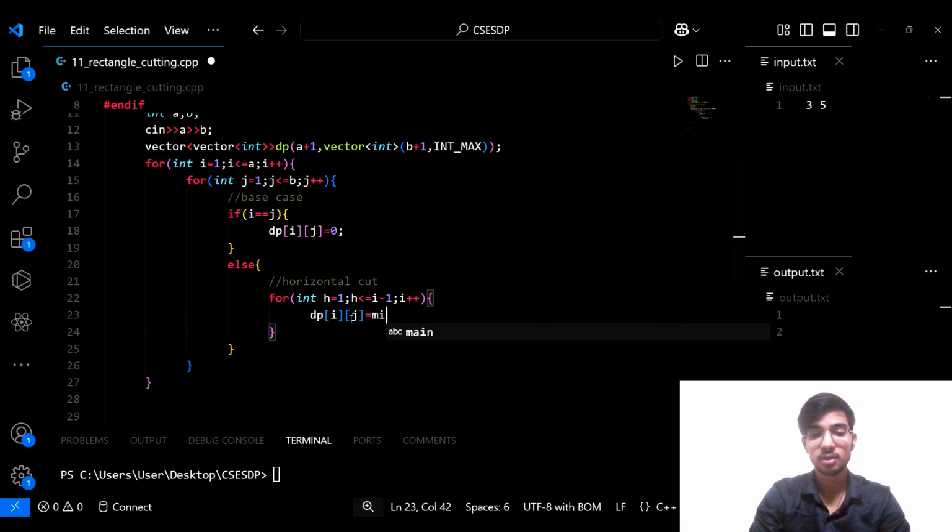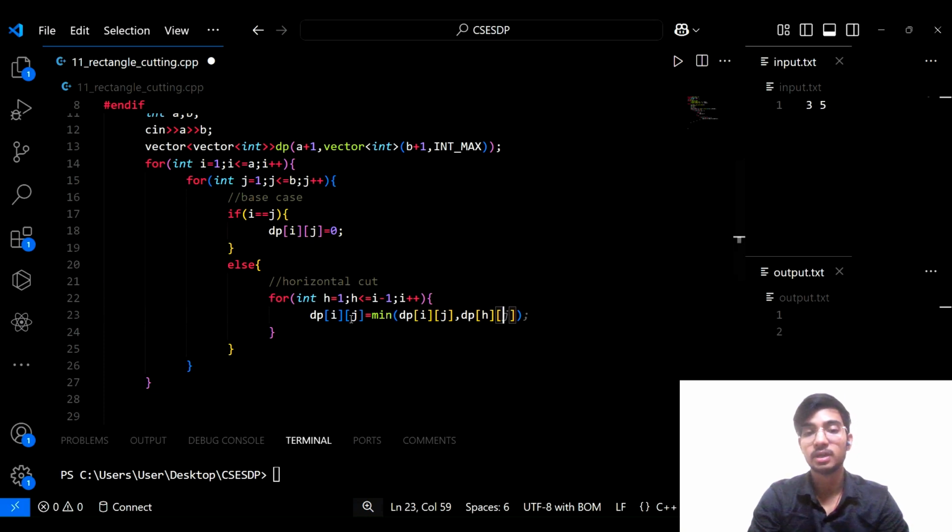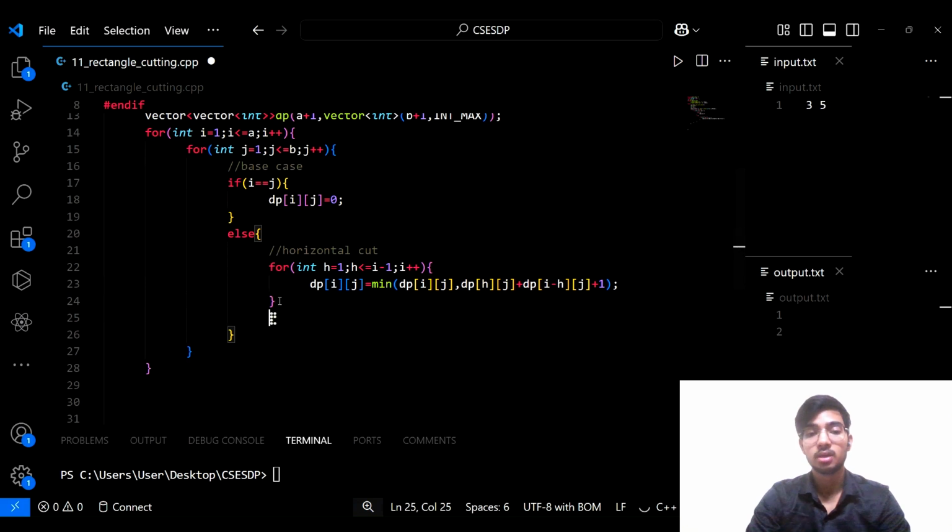dp of i j would be the minimum of dp of i j, comma dp. We have to make a move, that is, the rectangle that we have, the upper one and the lower one. The upper one is of size h comma j, right? Then we have a lower rectangle that is of size i minus h comma j, and we have to add plus 1, that we make a cut, right?